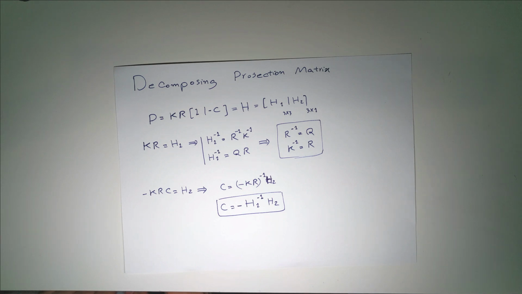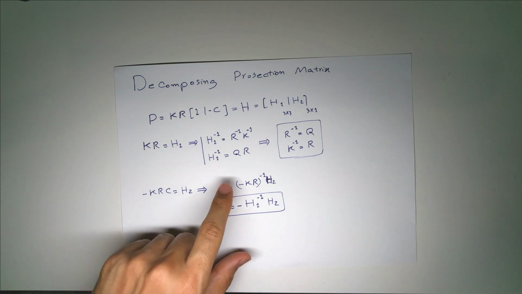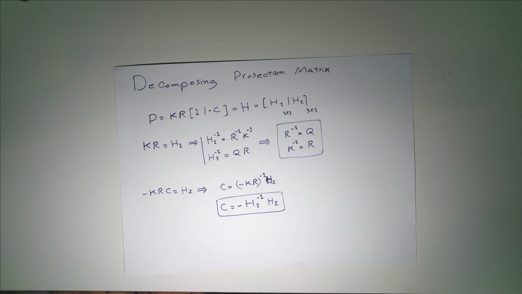And I know I can decompose my matrix into Q and R. If you don't know what Q and R are, R is an upper triangular matrix that has values only on the upper part, and Q is a matrix where every column is normalized and perpendicular.